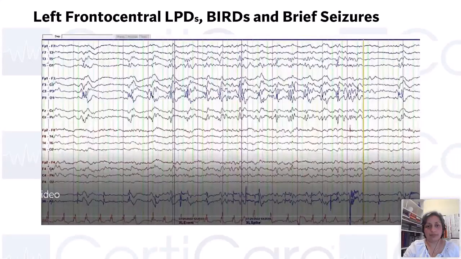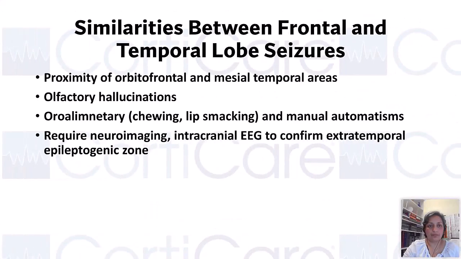All right, let's go back to the slides. Sometimes it's difficult to distinguish between the frontal and the temporal lobe seizures. The reason being the orbitofrontal and the mesial temporal areas are so close to each other.